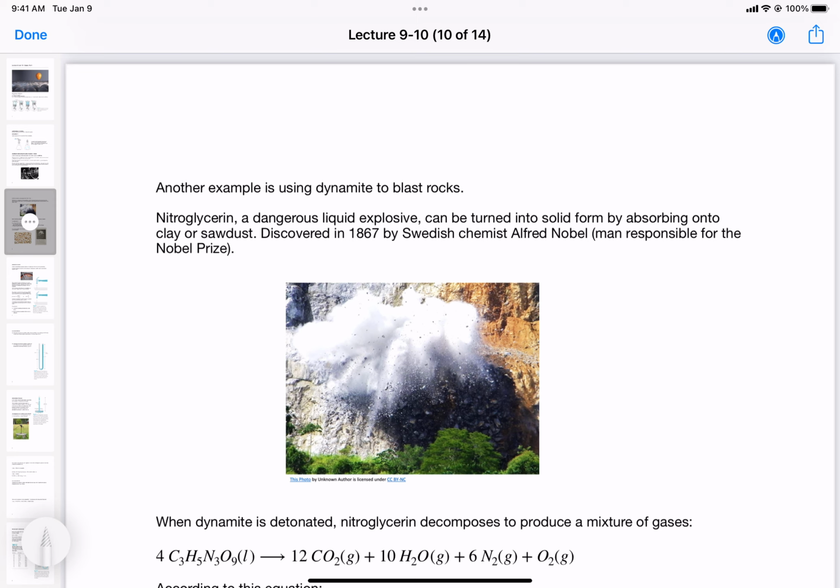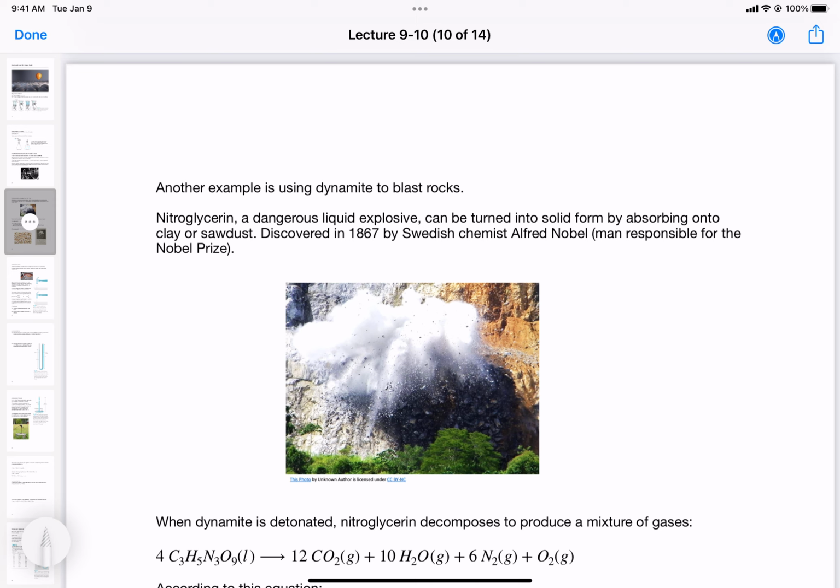So it's not just used for explosives; it's also used for formulations. It can be turned into solid form by absorbing onto some clay or sawdust, and then when you light it, it'll just go off. So it's used in dynamite in mines and quarries, to blow up rocks.